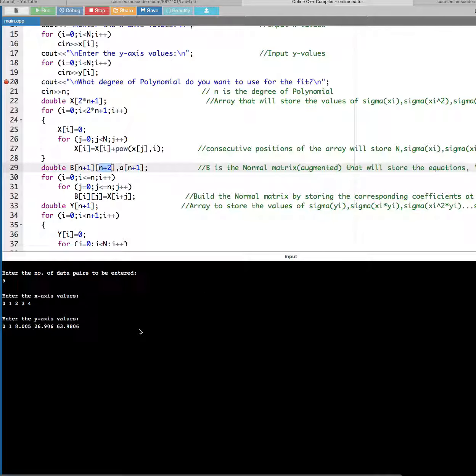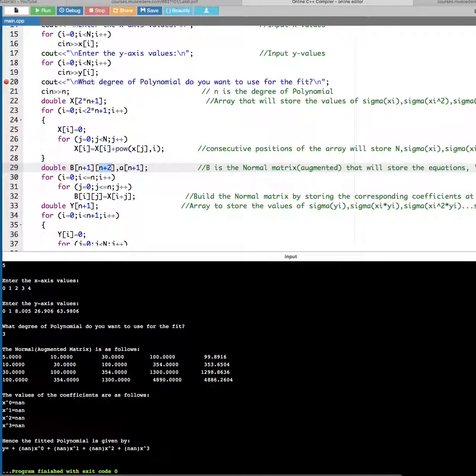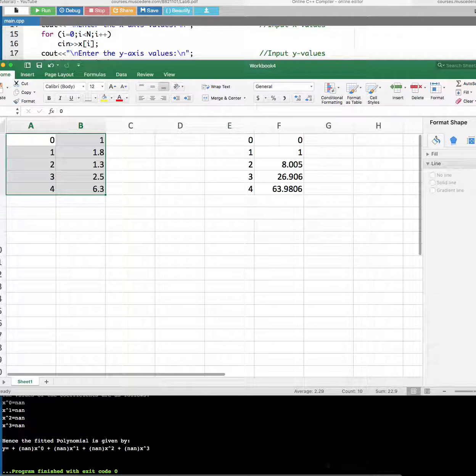And if you look at this one, it almost looks like a third degree polynomial because we have 0, 1, and 8. Let's try 3 right here and see what we get. Oh, something wrong here. Let's see what's the mistake.